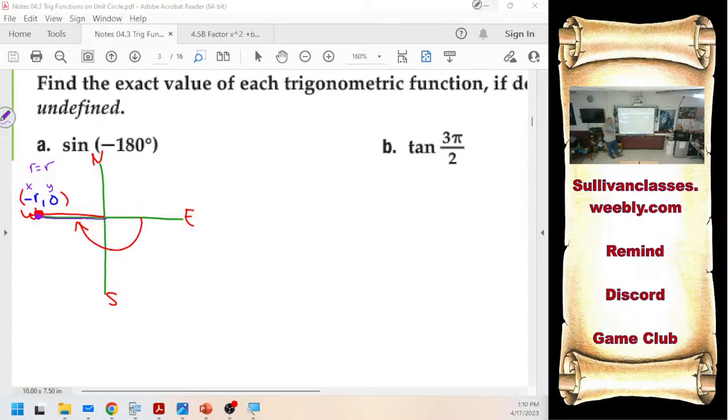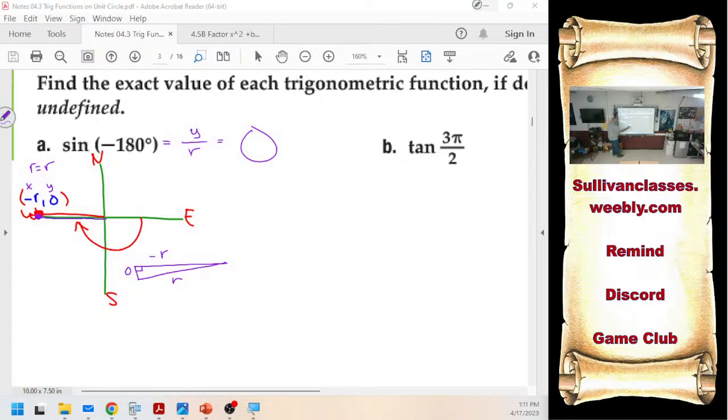So I can use my x, y, r shortcuts that says sine is y over r, which in this case is 0 over r, which is 0. Or I could draw my non-existent skinny little triangle that says this is r, this is -r, this is 0, because there is really no opposite if it doesn't go up or down.